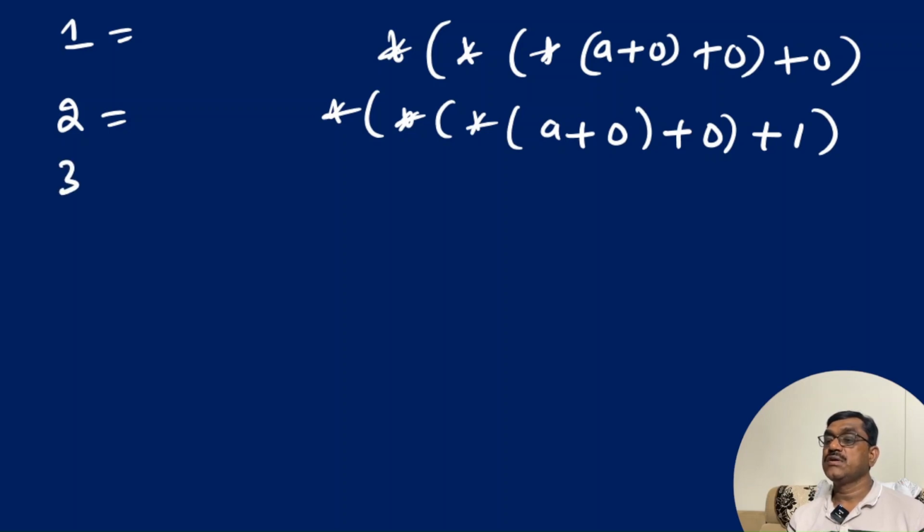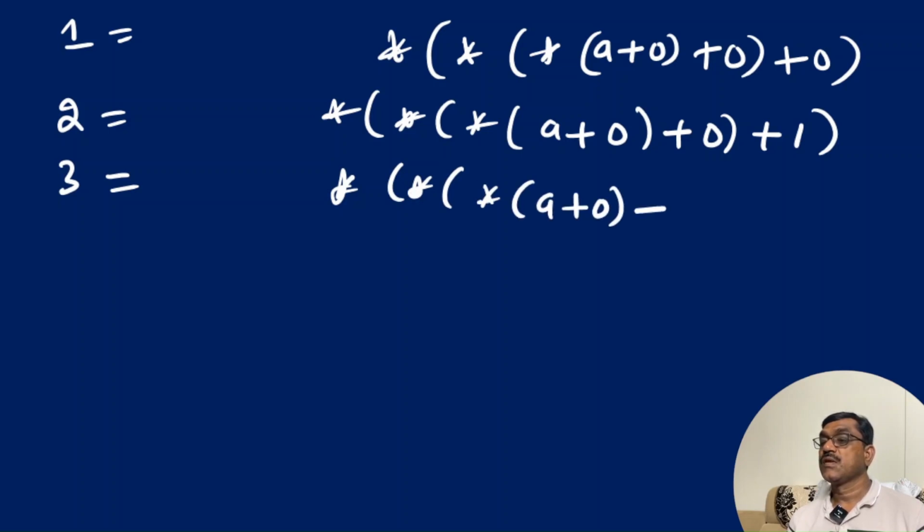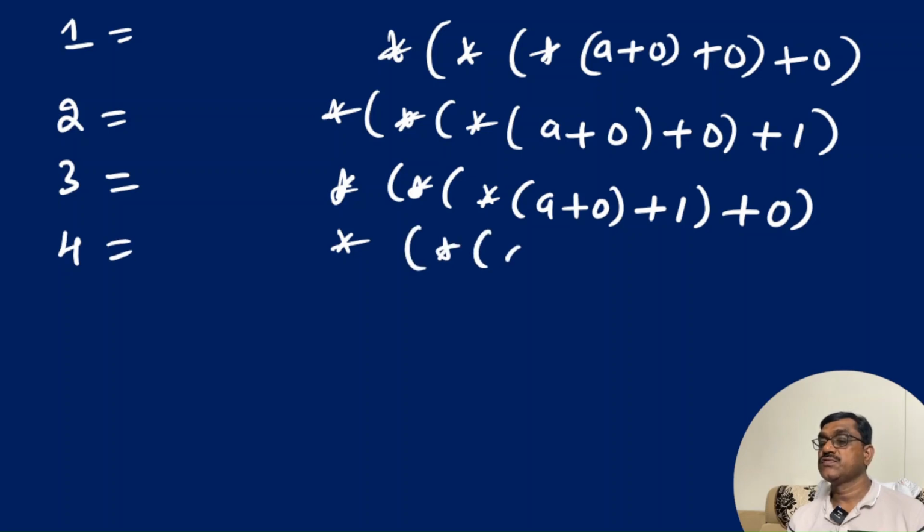Next, the third element. How are we going to get the third element? For the third element, we say star of star of star of A plus 0 plus 1 plus 0. For the fourth element, we are going to get star of star of star of A plus 0 plus 1 plus 1.